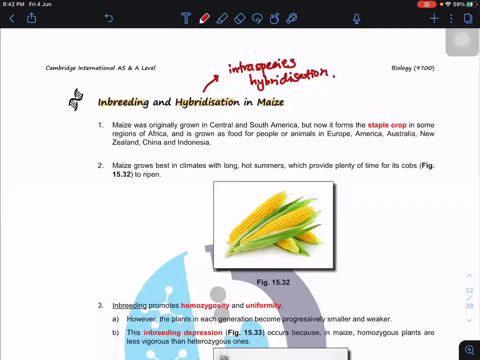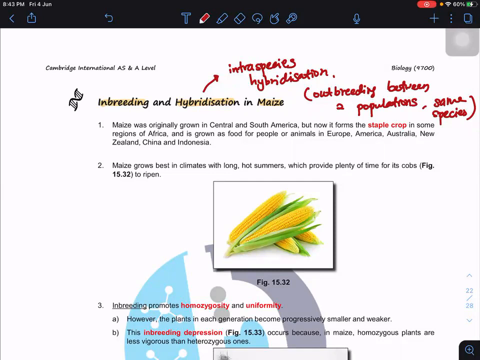Okay, intraspecies hybridization basically means outbreeding between two populations, but the same species. Are you clear? Two populations, same species. Toward the end of this chapter, we're going to look at interspecies hybridization. Interspecies means between two different species. Then the concept is totally different.